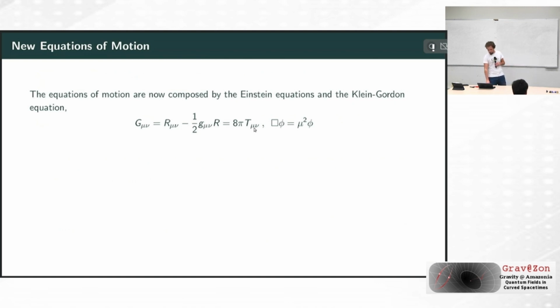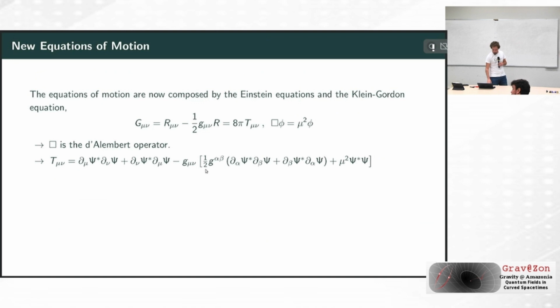Then you also have a new equation, the Klein-Gordon equation, which is the usual type of equation one finds. The energy-momentum tensor has this form. Here I expanded it a bit, so it's bigger. Usually they contract some terms, but with Mathematica you can easily compute this energy-momentum tensor.